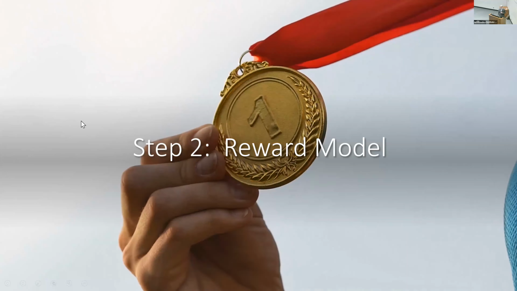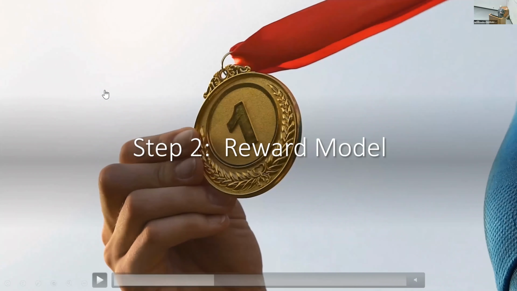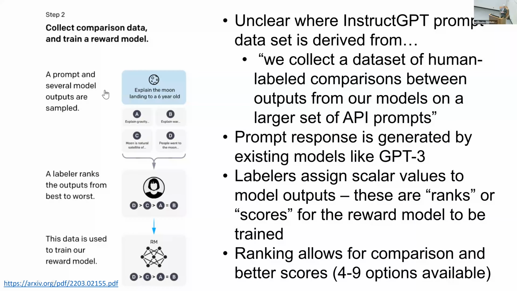Okay, the reward model thing. We want to collect data for the reward model. So this time, remember before we had that prompt data set. Here they're giving you the prompts from the prompt data set, but instead of humans outputting what the correct response is, you have a bunch of different models outputting them.